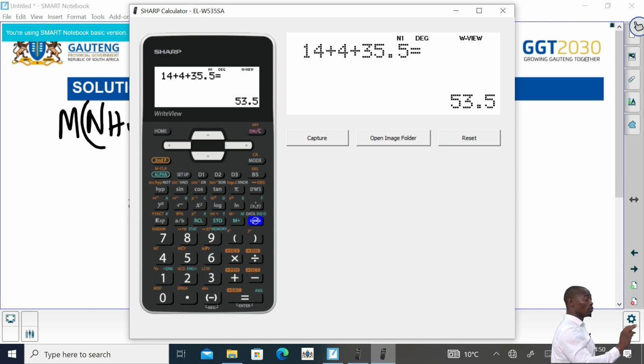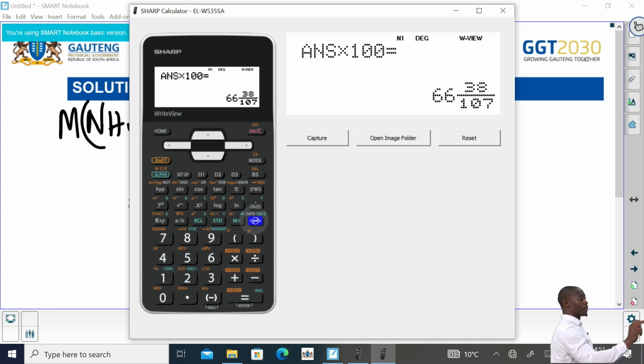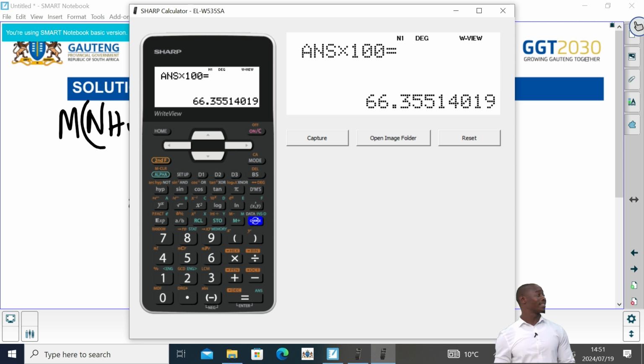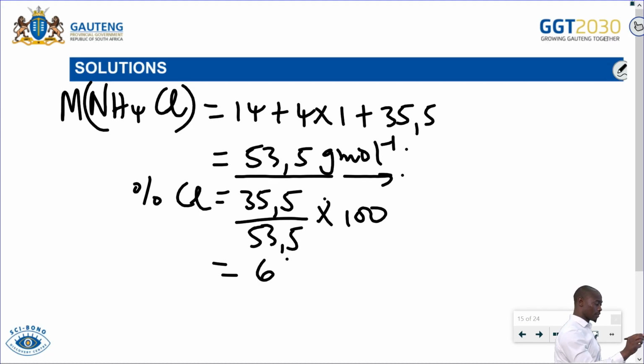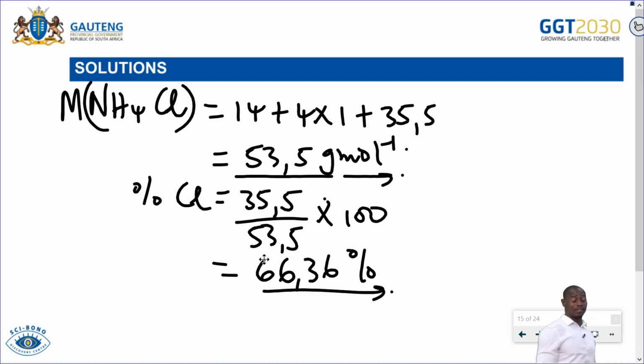So here we are having 35.5 divided by 53.5, multiply that by 100. What are we having here? We are having 66.36%. So this is how we can deal with calculations on percentage composition.